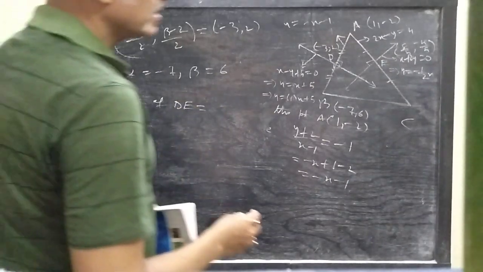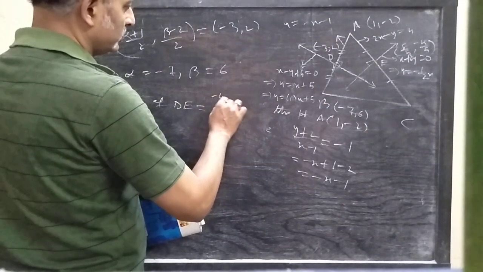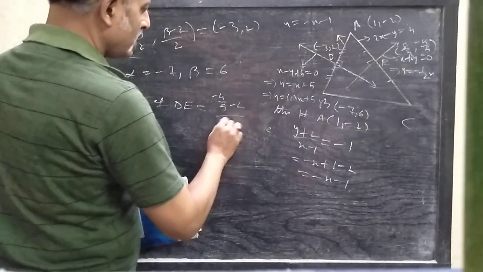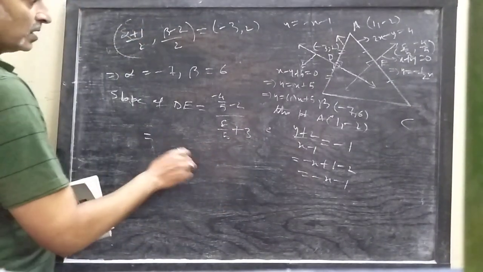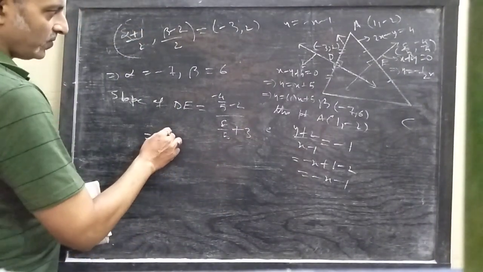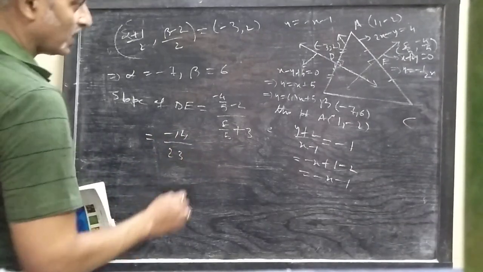Now find the slope of DE. The slope of DE will be (minus 4 by 5 minus 2) by (8 by 5 plus 3). Multiplying both by 5, we get minus 14 by 23.